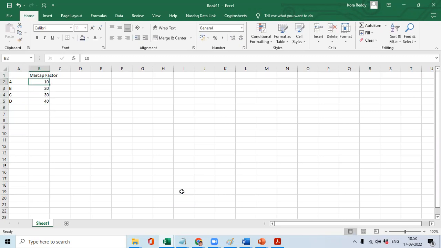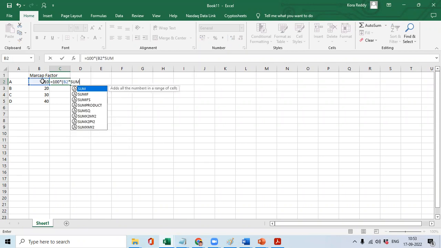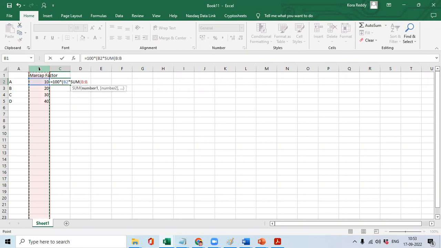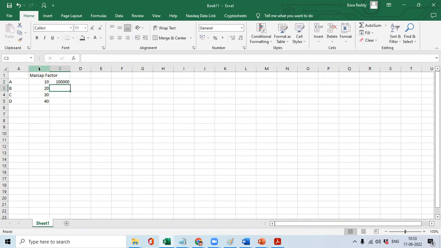Now, if I have to allocate by market cap weighted, which is the underlying factor, I'll just do my 100 rupees into this divided by the sum of all this. This is simple. This is how your Nifty 50 gets constructed. Take the 50 stocks and take the market cap, then do an equation like this.